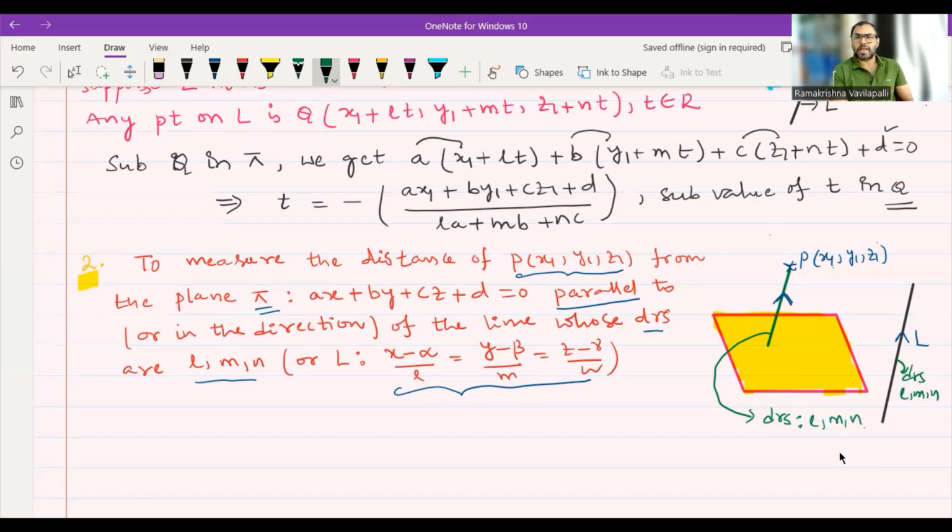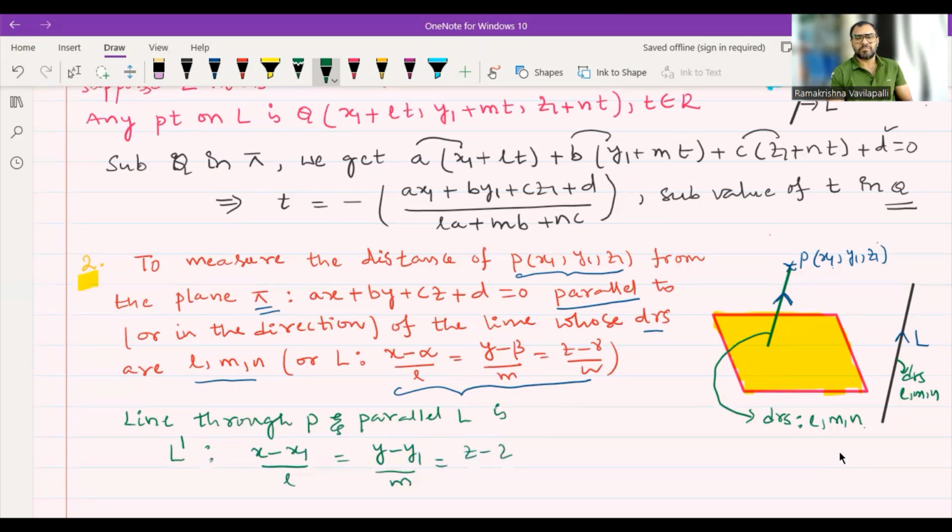So now we write the line through P and parallel to L: (x minus x1) by l equal to (y minus y1) by m equal to (z minus z1) by n.